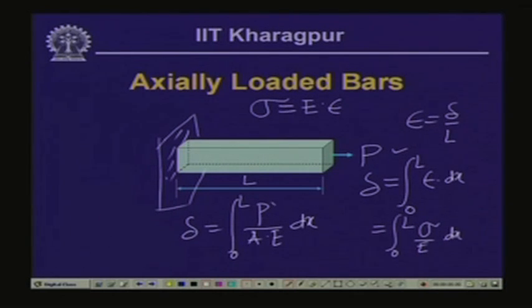But if the axial load P and cross sectional area A remain same, there is no change, then we get the same expression which is equals to P by A E. If P by A E is constant, then integral dx will give you L. So, delta is equals to P L by A E for a constant value of P and cross sectional area A. However, if there is variation of P and A along the length of the bar, then we get different deformations at different points, and correspondingly the strain value will be different, and that is how we compute the deformation in an axially loaded bar.